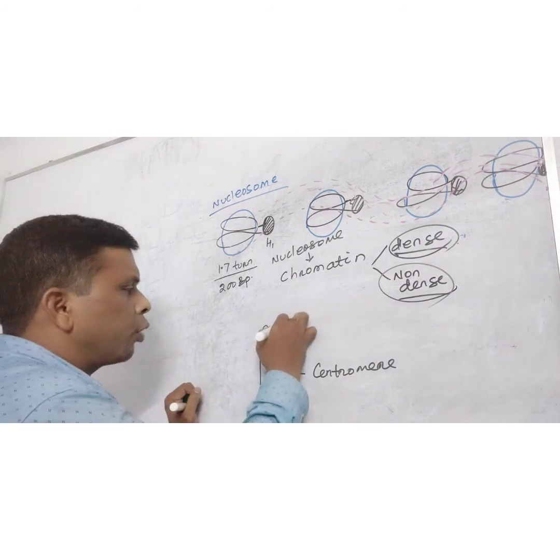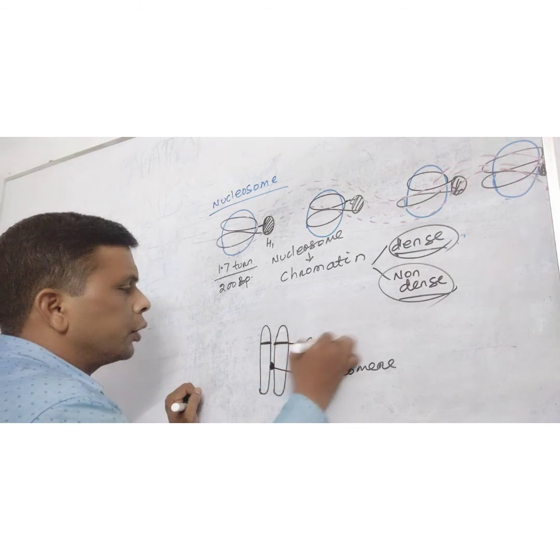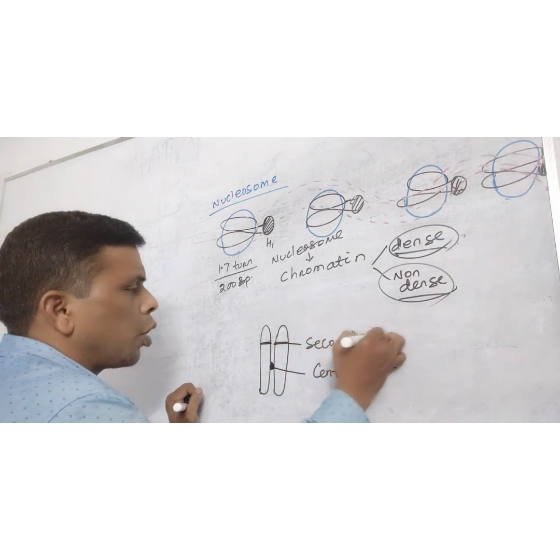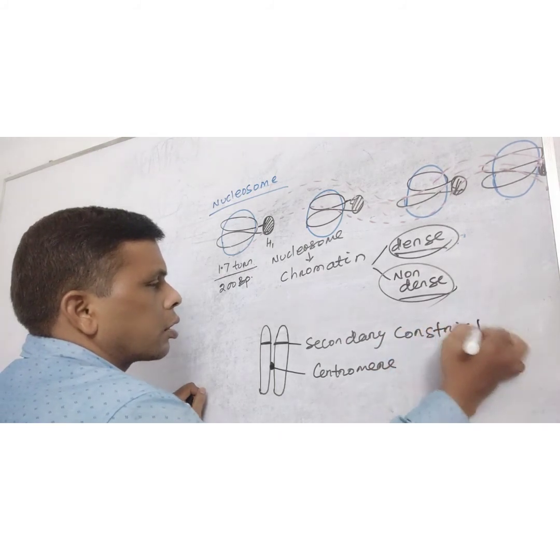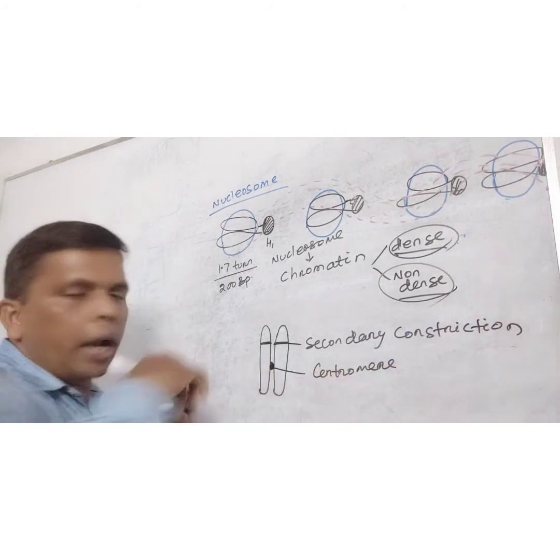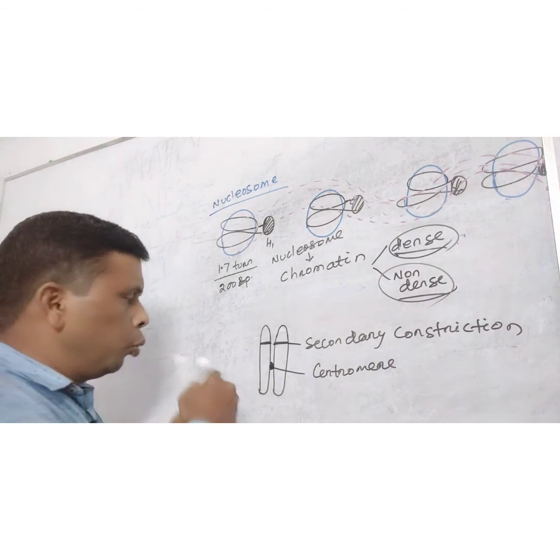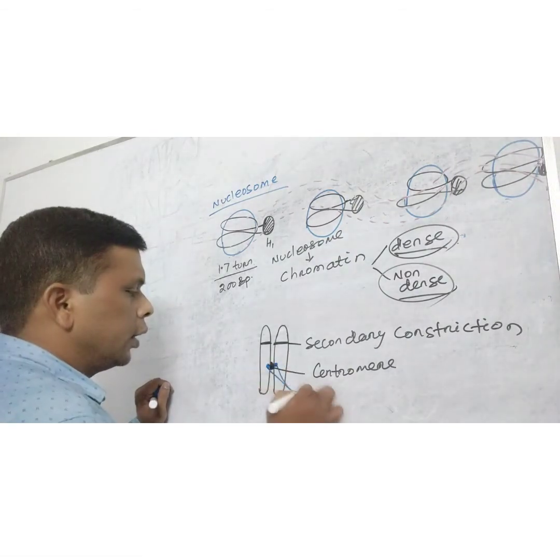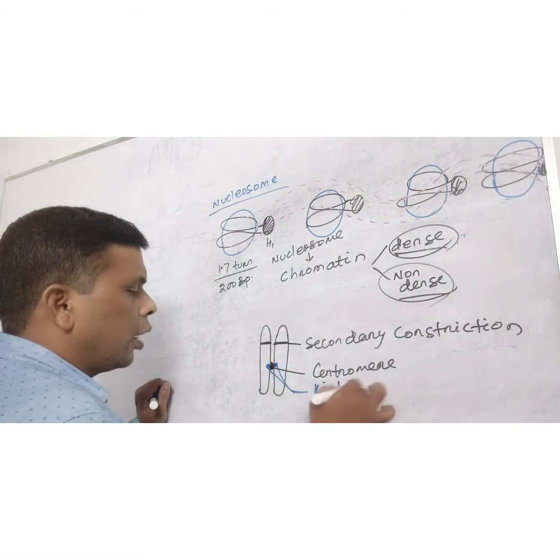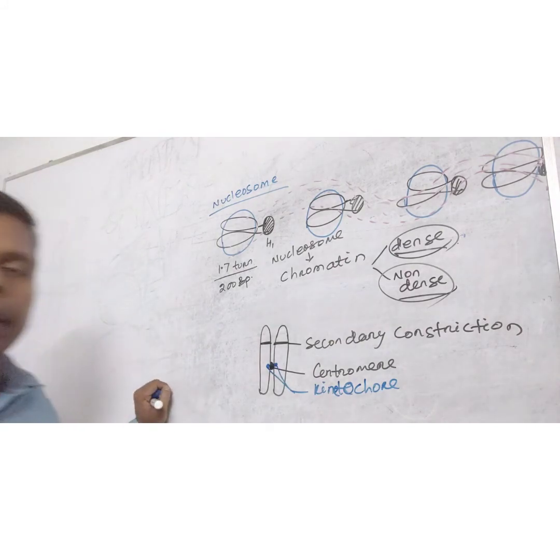Above this primary constriction, there is another secondary constriction. On either side of the centromere, there are two kinetochores. So two kinetochores are found.